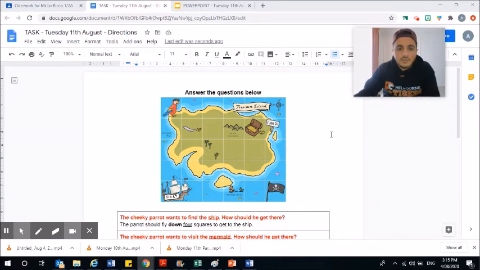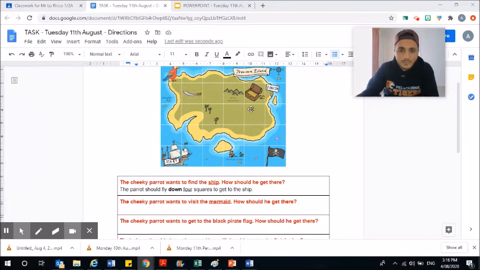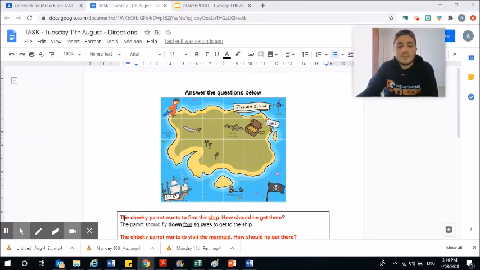Your task is to answer the questions below. And the questions are going to be about this map with our parrot in the top left corner here. It's Treasure Island. So the first one is done for us. The first question was, the cheeky parrot wants to find the ship. How should he get there? Well, the parrot is over here in this box, and the ship is down here.